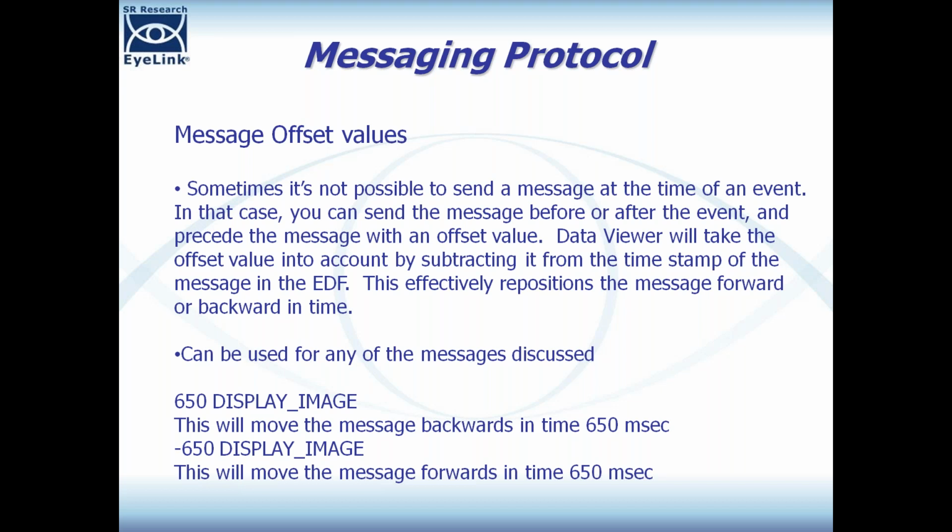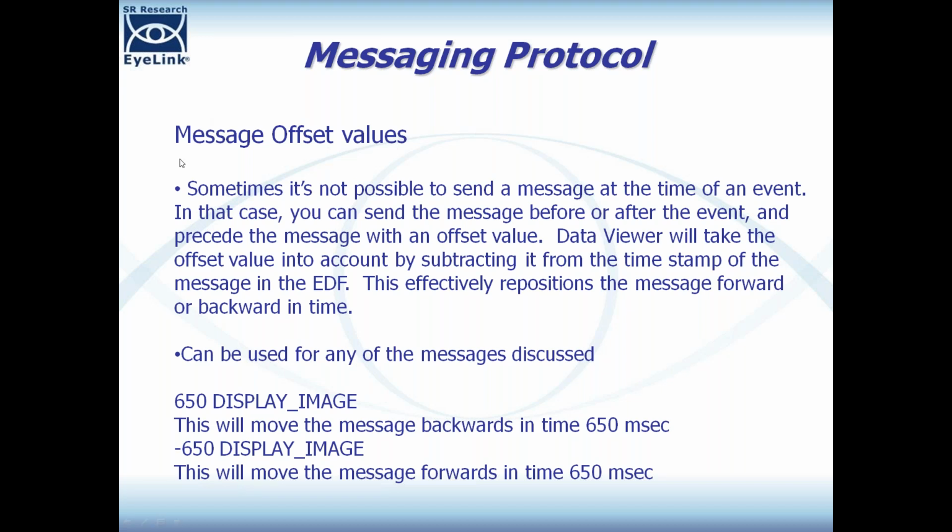You want to send the messages later, but back timestamp or forward timestamp them. So in some programming environments, you might send the message after the event occurs and then back stamp it through the use of an offset value. And in some, you might know that some event is scheduled to occur X milliseconds in the future, and in that case you would forward timestamp it through an offset value.